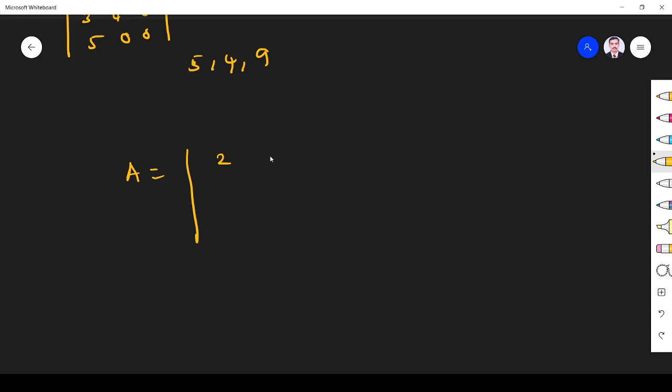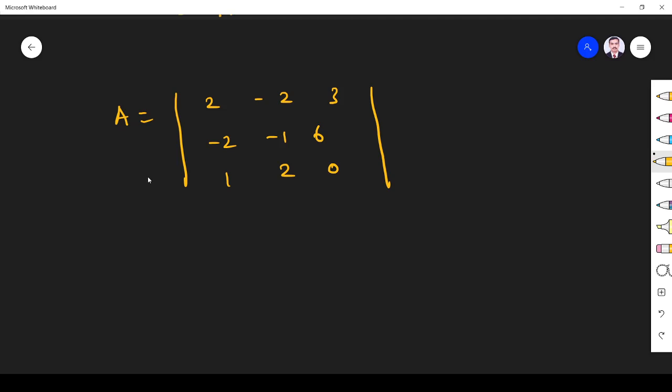And the second one is, suppose let us have a matrix like this: A is equal to 2, minus 2, 3, minus 2, minus 1, 6, 1, 2, 0. And they gave that one of the eigenvalues is minus 5.